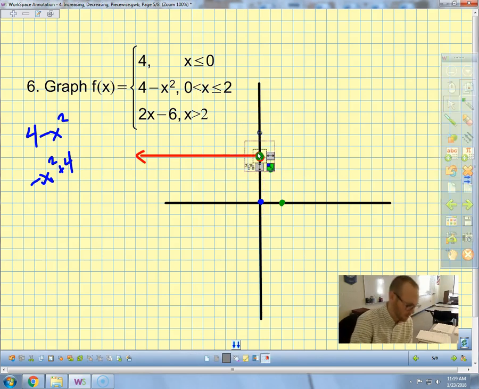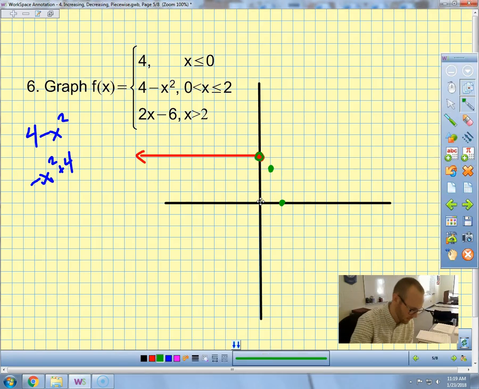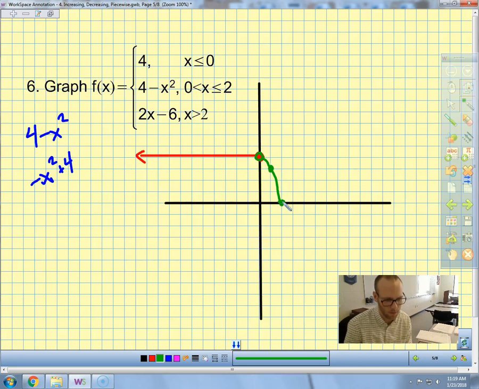I need to start with an open dot at that point. Now, an open dot over a closed dot is a closed dot, and then it's going to come down here, and it's going to include the point (2, 0), and that's where it's going to stop. So this is my quadratic there.